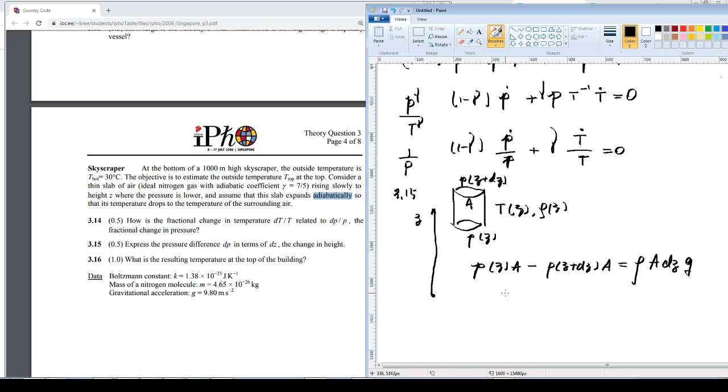And the left hand side is simply negative dP A. Well, let's get rid of A at this point, the cross-sectional area: negative dP equals rho g dz.